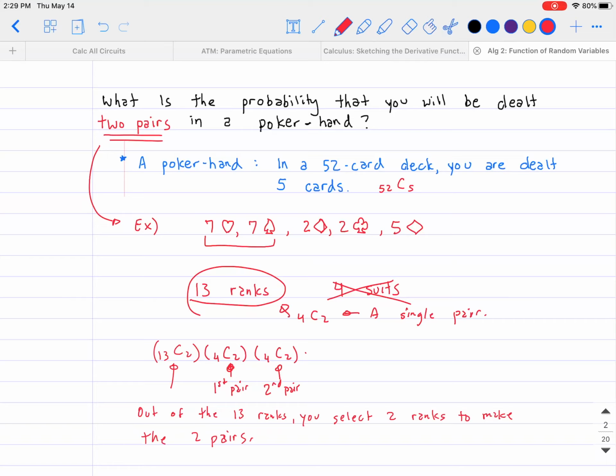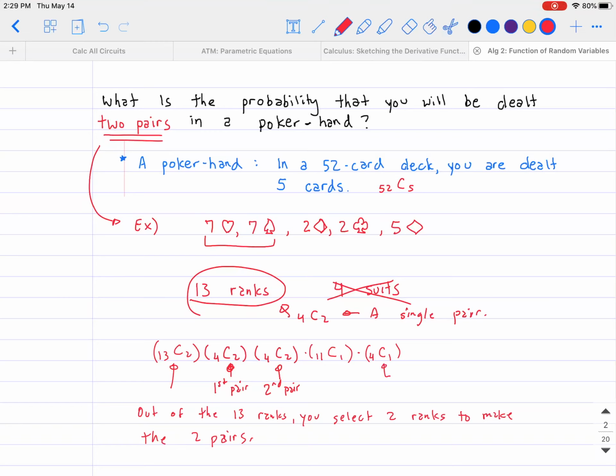Similarly, we now go down a little bit, okay? Out of the 13 ranks, we selected 2 ranks already, so that means there are 11 ranks left. And so out of the 11 ranks, I am going to select one of them, so 11C1, and from that rank, now I'm going to choose a singleton. So that is then multiplied by 4C1, okay?